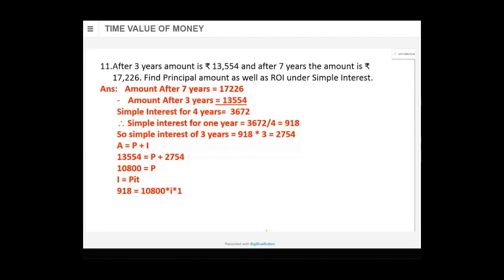You have all three interests: 4 year interest 3672, 3 years interest 2754 and 1 year interest 918. I'm using 918. So 918 divided by 10,800 gives me 0.085, which is 8.5% per annum. Because the years were there, 7 years, 3 years, it is yearly interest. So the value which you got is 8.5% per annum.